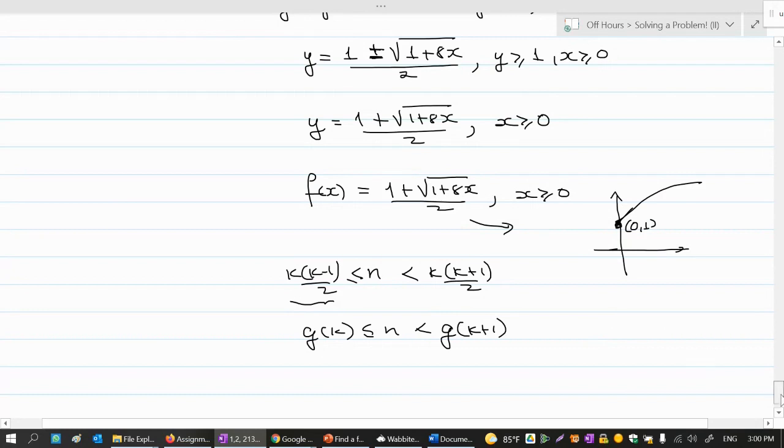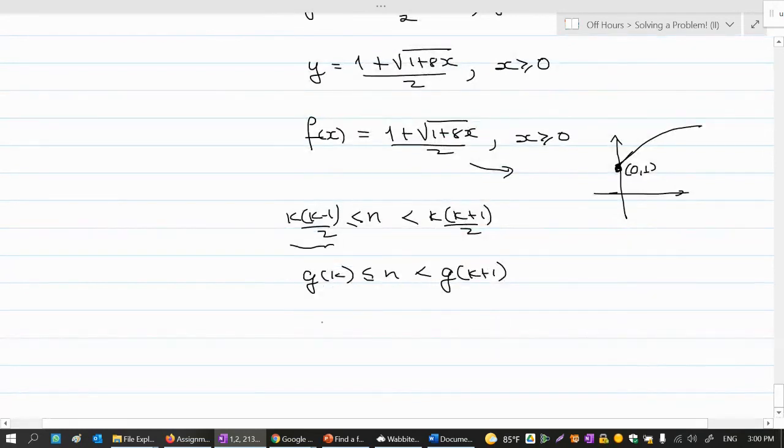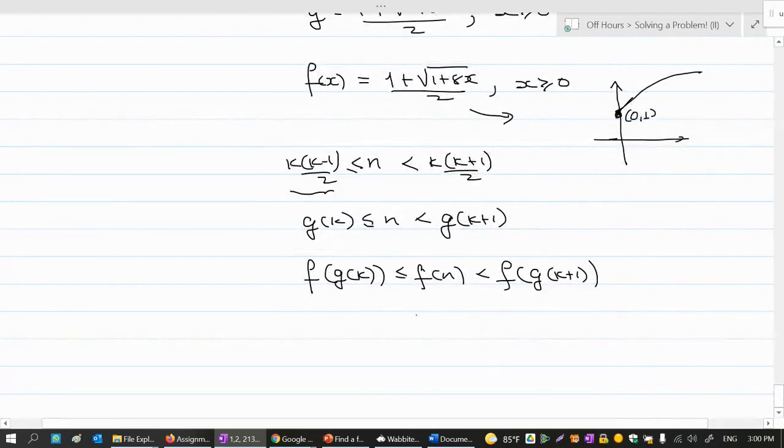And therefore, as it is increasing, you can apply f to the three sides of these combined inequalities, and you get the following. You can keep the order here because the function is increasing.